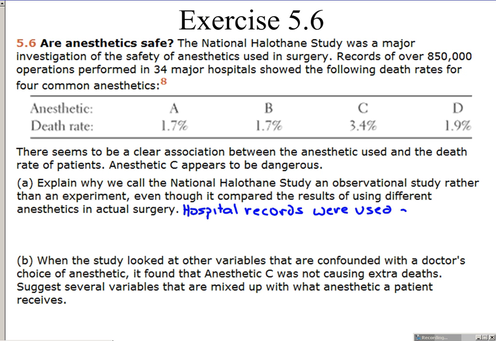Hospital records were used after the anesthetics were administered.